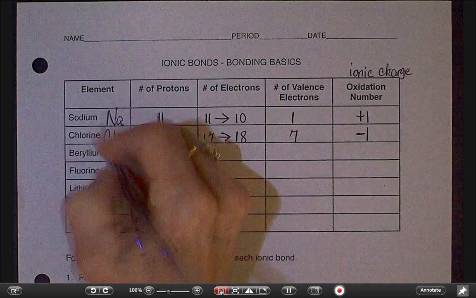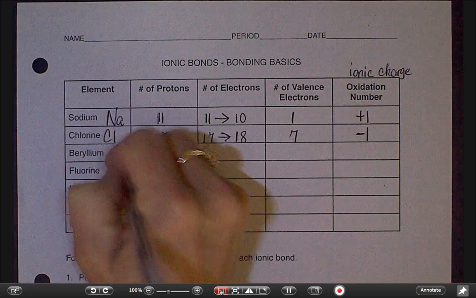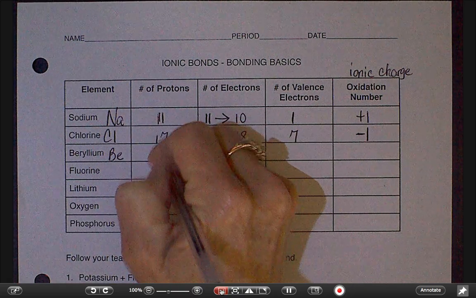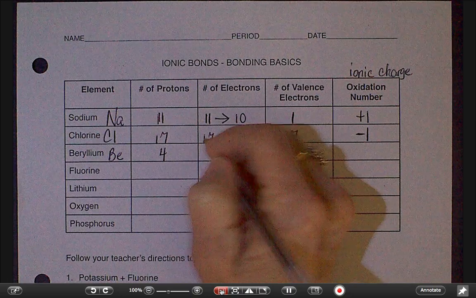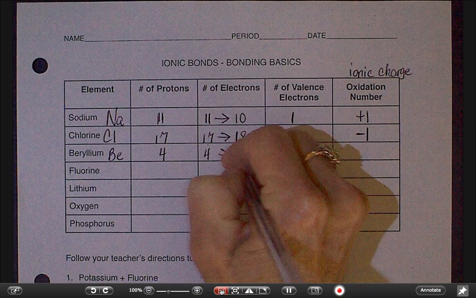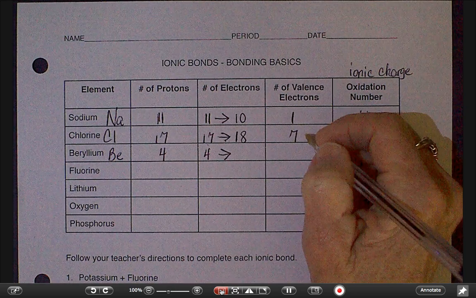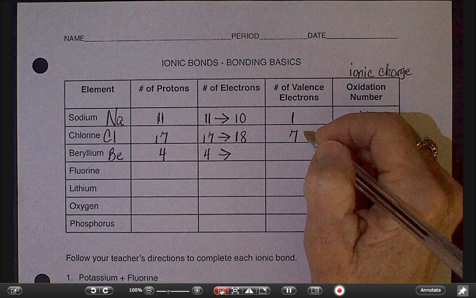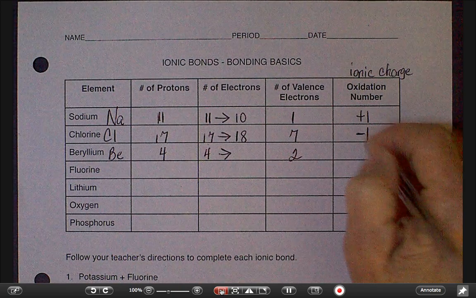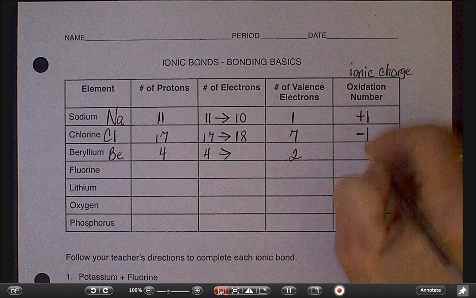Symbol for beryllium? Okay. Number of protons? 4. Number of electrons? 4. We'll finish that off in a minute. Number of valence electrons? 2. When it loses those 2, its ionic or oxidation number is what?